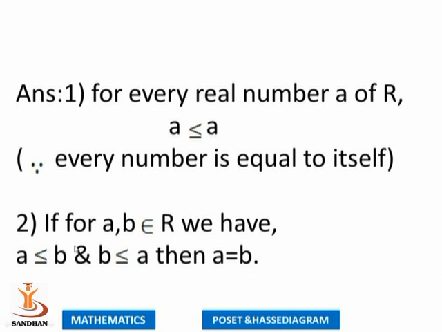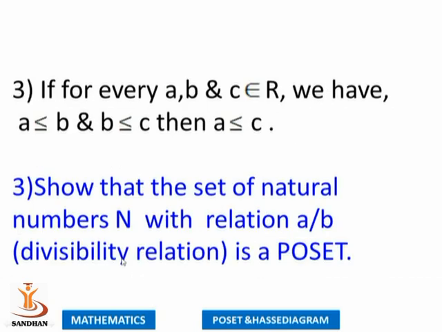Now the second condition: if we are given two real numbers A and B from R, and A less than or equal to B is possible and B less than or equal to A is also possible, then the only option is that A must be equal to B. So it is antisymmetric.